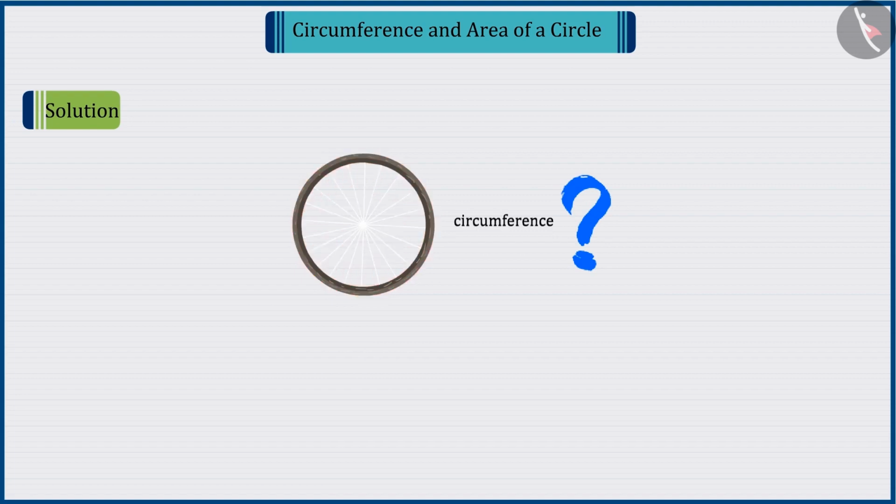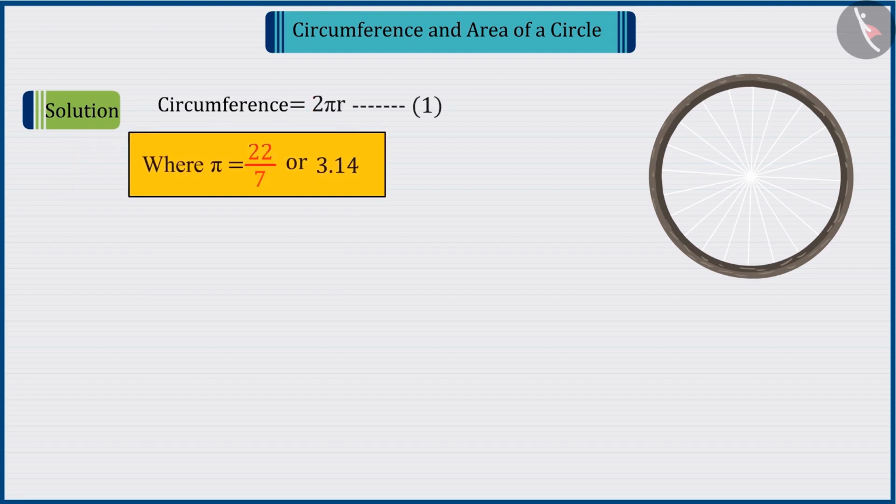So, can you find the perimeter of the wheel? Since we know that the circumference is equal to 2 pi r, where the value of pi is 22 upon 7, and r is the radius. But here, the value of r is unknown. So let's find the value of r.